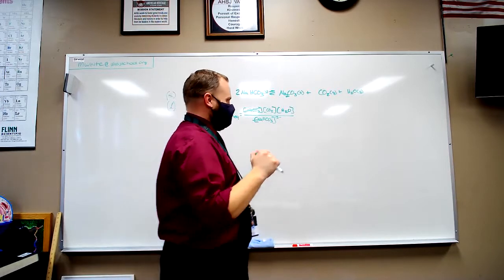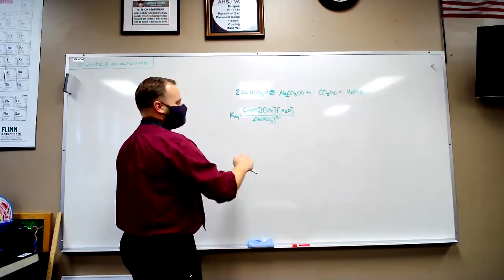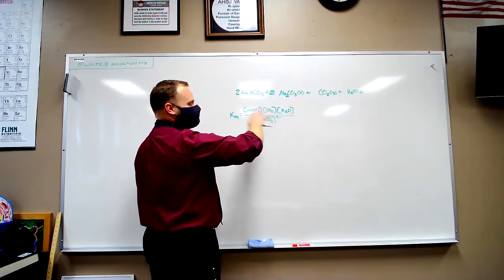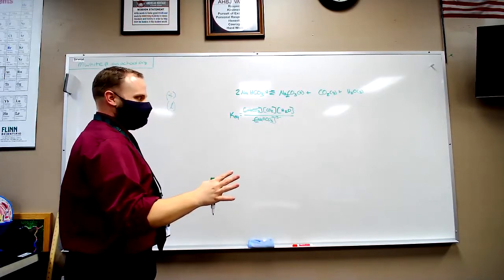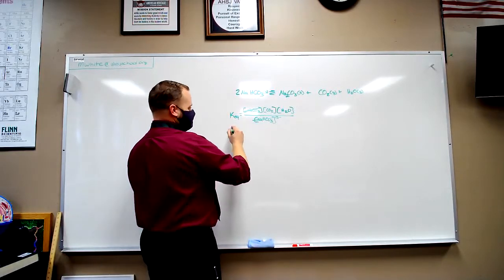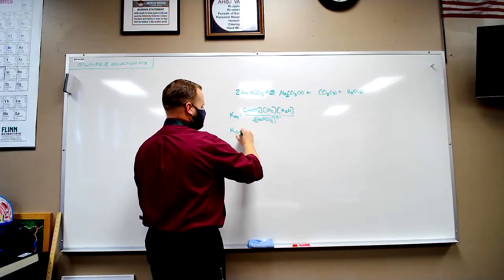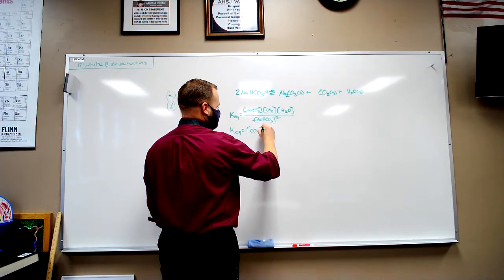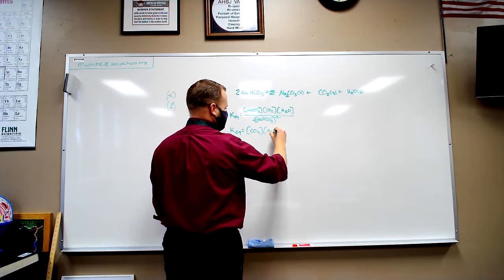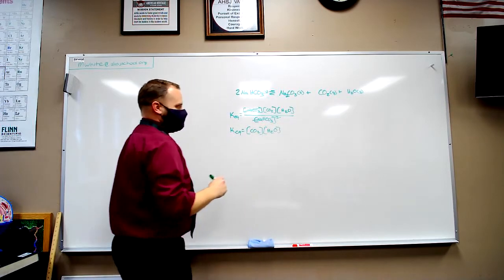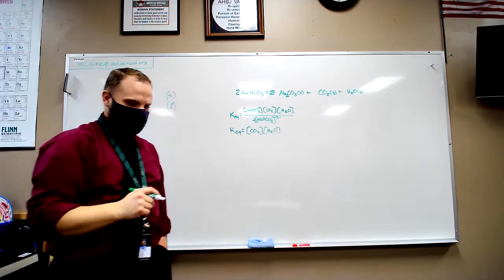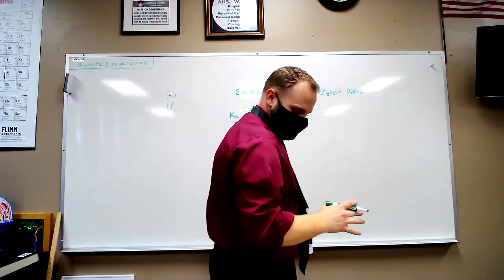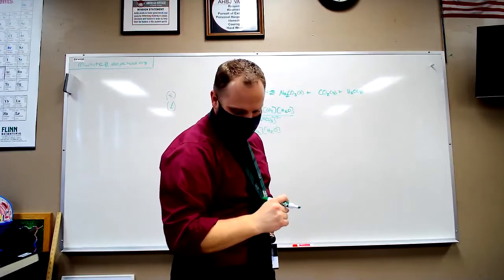But to start out, I would recommend that you start with putting everything just so you don't miss anything, and then eliminating, and then saying, okay, here's our answer. The equilibrium expression is the concentration of CO2 times the concentration of H2O, because that's what's left.